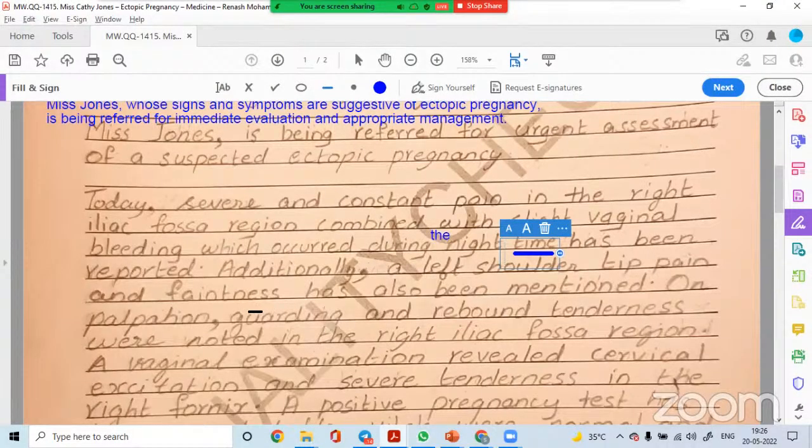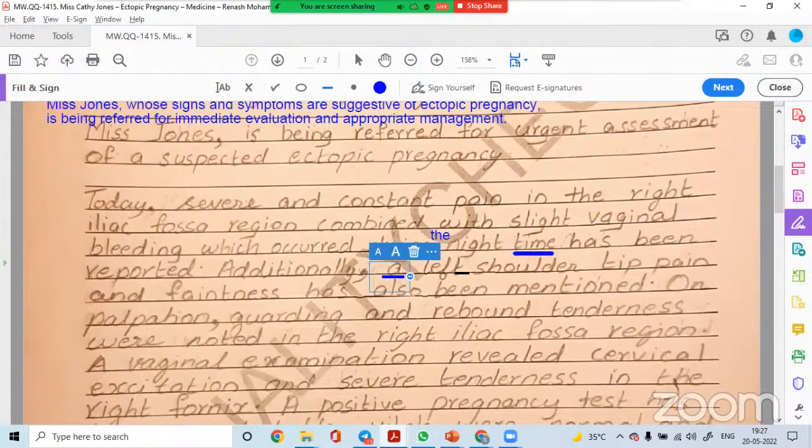A pain means one pain. What do you mean by that one? You can say some pain, more pain, much pain, so better uncountable. Additionally, left shoulder tip pain. Pain in the left shoulder tip. Like that you can write.